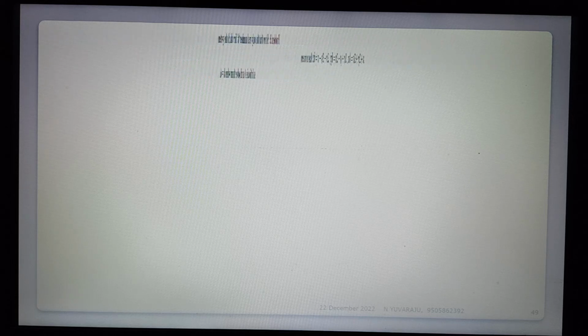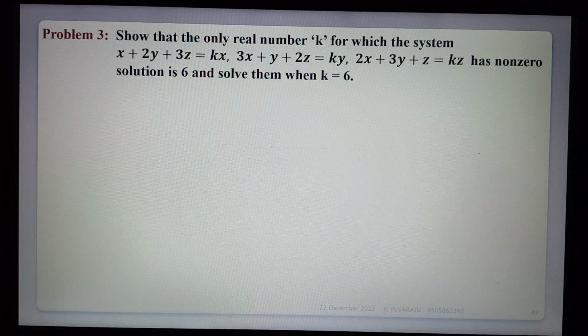See the third example. Show that the only real number k for which the system x plus 2y plus 3z is equal to kx, 3x plus y plus 2z is equal to ky, 2x plus 3y plus z is equal to kz has a non-zero solution is 6, and solve them when k is equal to 0. The given system of equations has a non-zero solution, that is a non-trivial solution, when k is equal to 6.